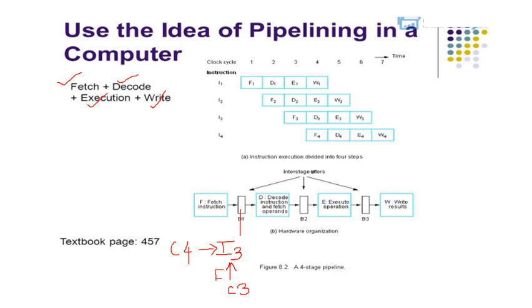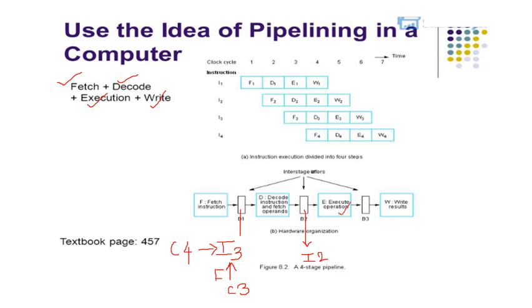Buffer 2 holds both the source operands for instruction I2 and the specification of the operation to be performed. This is the information produced by the decoding hardware in cycle 3. The buffer also holds the information needed for the write step of instruction I2, even though it is not needed by the execute stage.